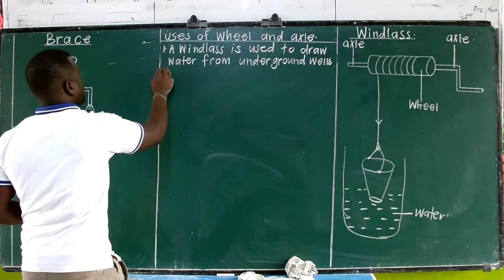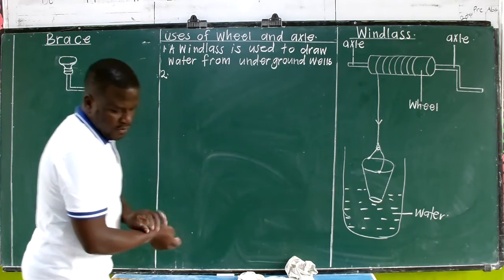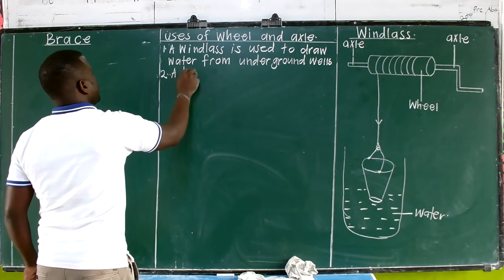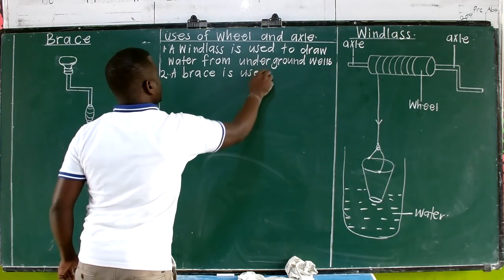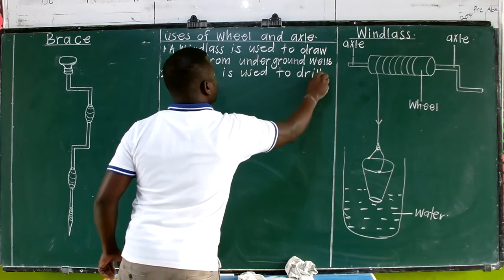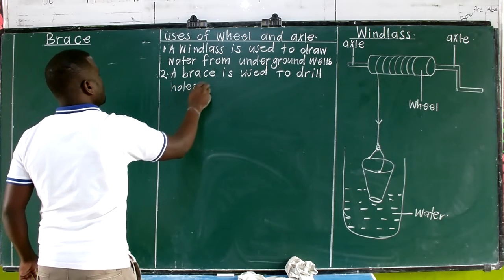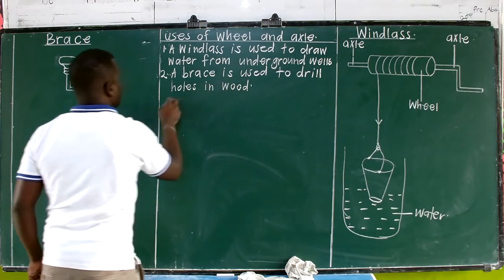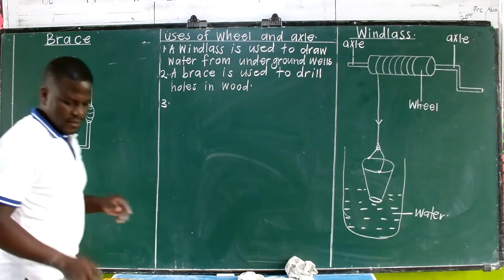Then number two, a brace is used to drill holes in wood. So if you want to drill holes in wood, we use a brace. We use this one here.